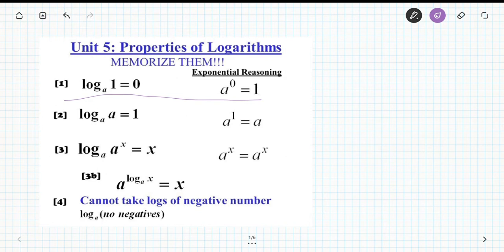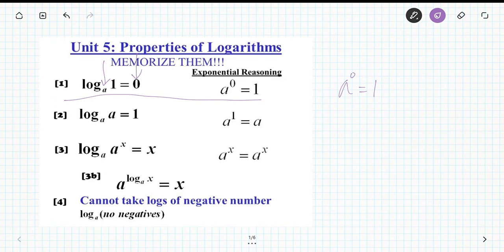Essentially, the reasoning behind it is that the base A to the power of 0 equals 1. Okay? So just look at your base and then look at the right side of the equation. What that is saying is that the number A to the power of 0 equals 1. And that is true because anything to the power of 0 is 1.